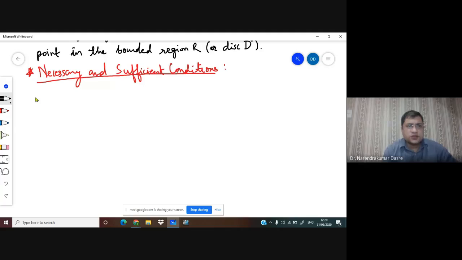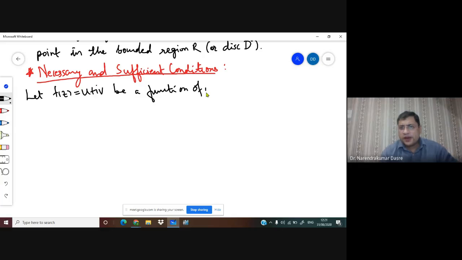Let f of z equal u plus iv be a function of complex variable z.